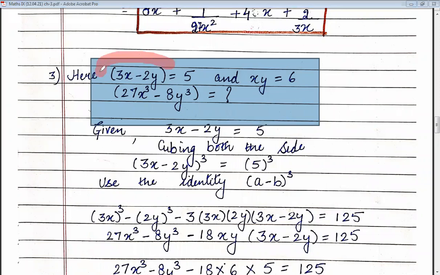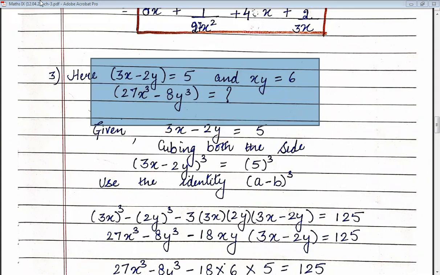You are just given 3x minus 2y equal to 5, but you need 27x cube minus 8y cube. If you cube both sides, you will get your answer because they are talking about cube. So you have to cube your equation on both sides.